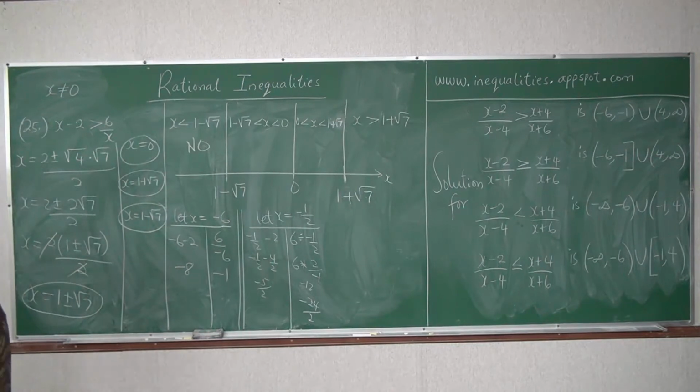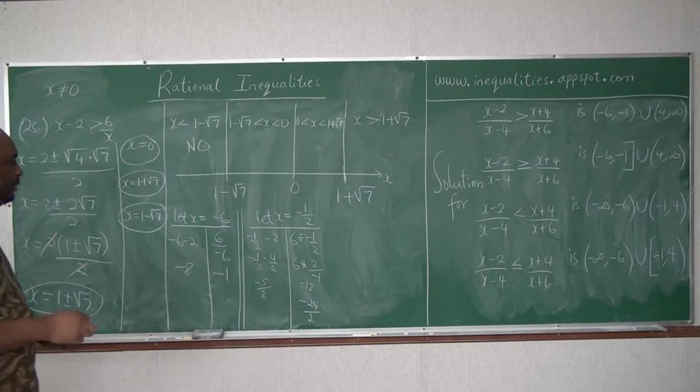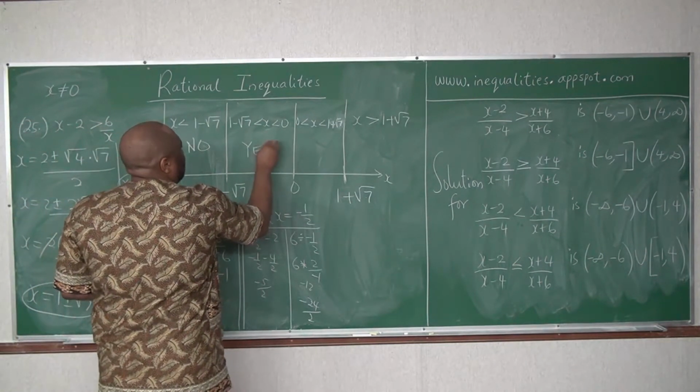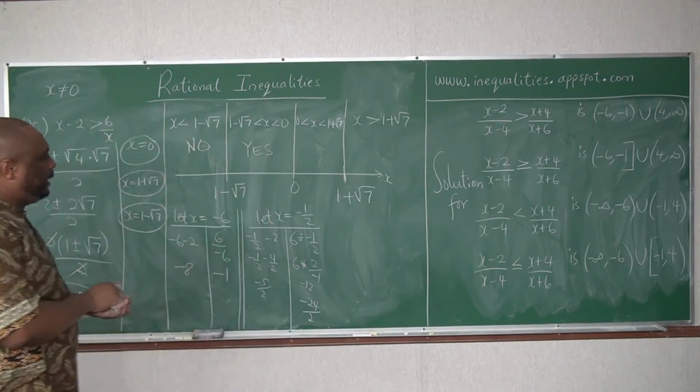So, minus 5 over 2 and minus 12. Minus 5 is greater than minus 24. Somebody who is owing $5 is much better than somebody owing $24. So, this is yes. I'm going to put yes here.